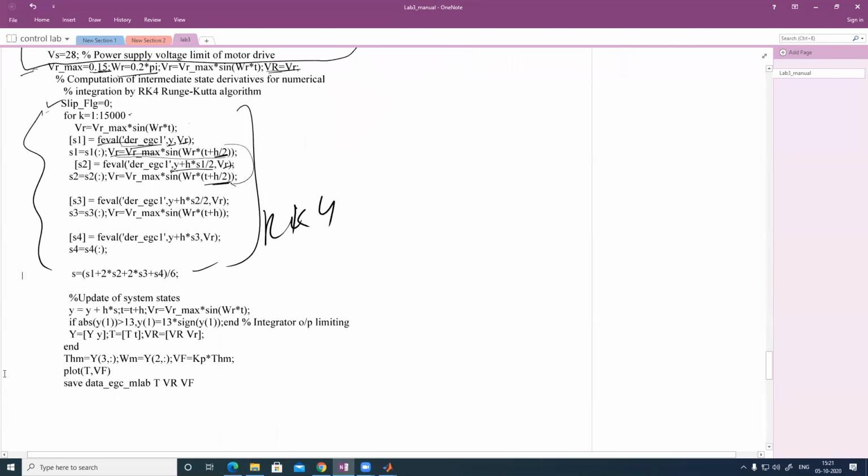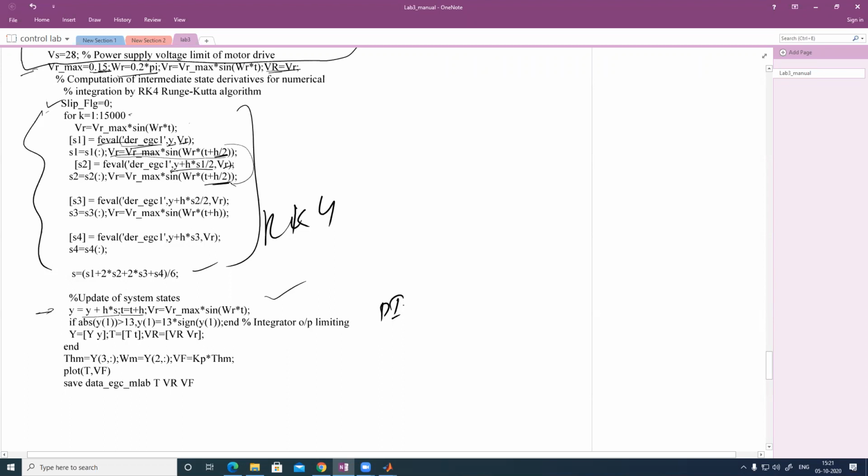And you are updating this value: Y is equal to Y plus H times S, and T is equal to T plus H, and VR is equal to VR sin omega T. Your integrator limit you are adding here, for the PI controller integrator.